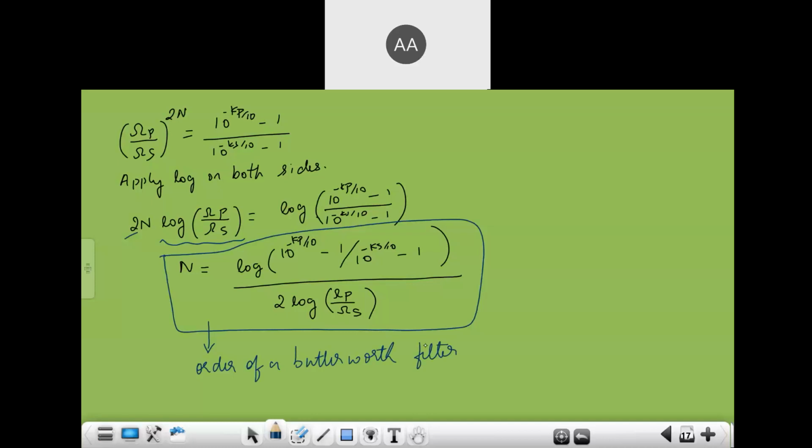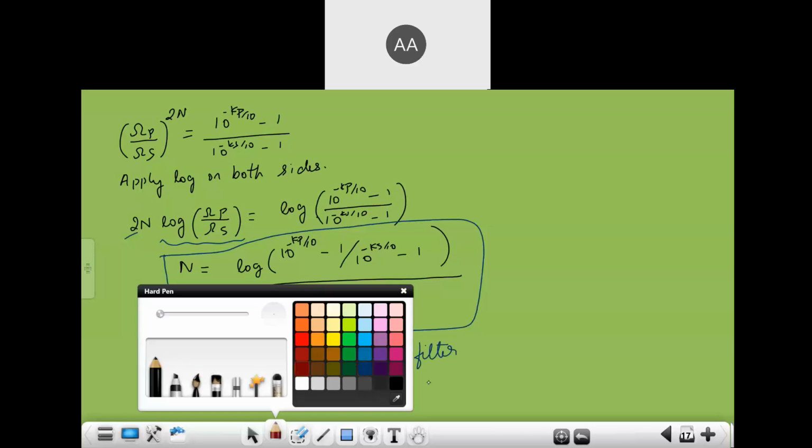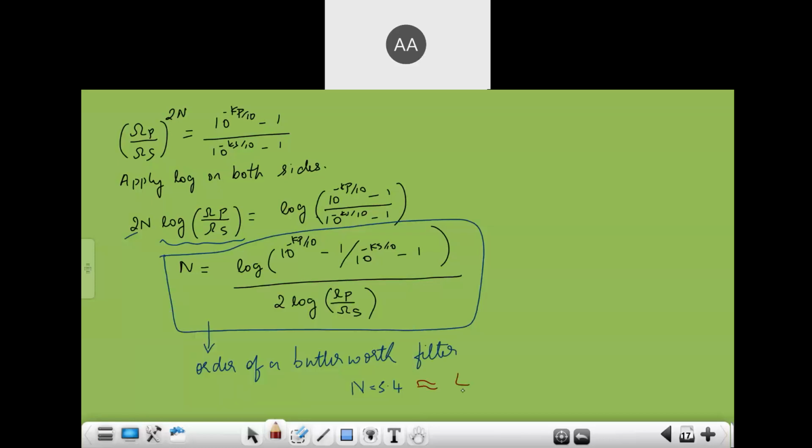So if you get a value, like say the value of n is some 3.4, what you should do is round it off to the next higher value. Remember this, okay? You must always round it off to the next higher value. All right.